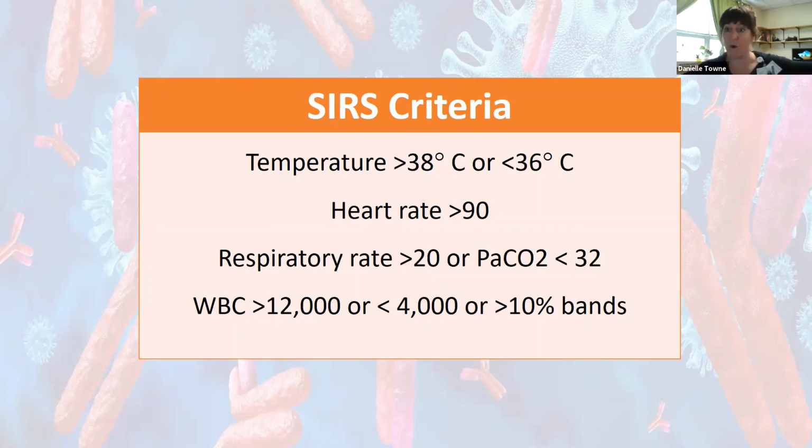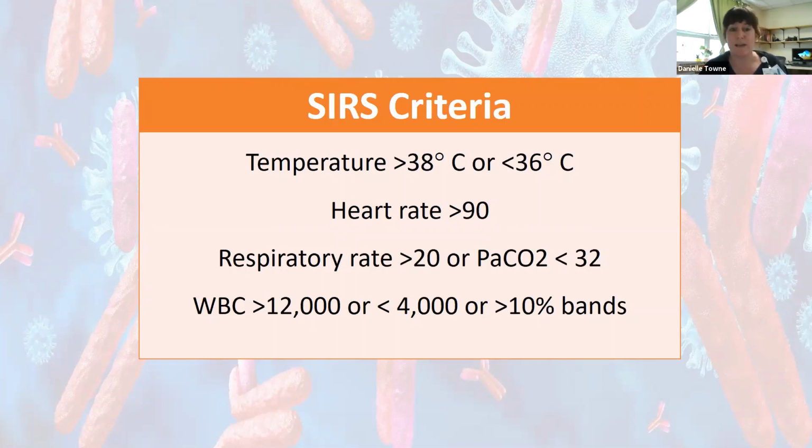So while we do kind of want to cast this wide net and ensure that we treat as many patients with an infection that are advancing to sepsis as we can, because we don't want those patients to fall through the cracks, SIRS criteria was found to be a little too global, right?